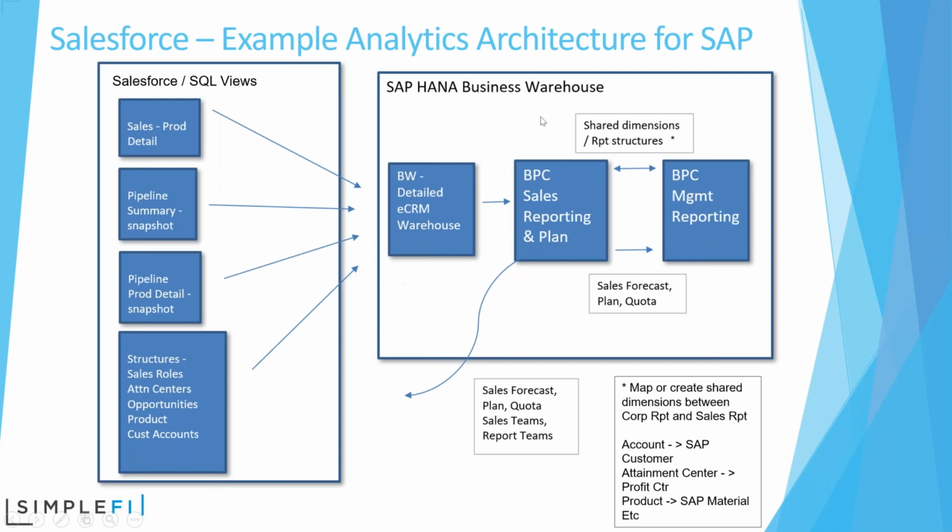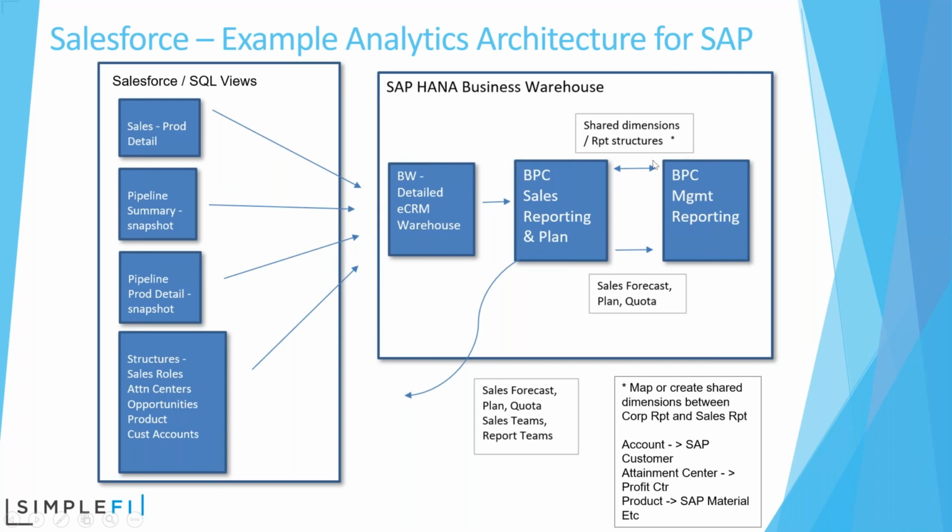We're pulling that all into our business warehouse or on Analytics Cloud. We can pull that directly into the Analytics Cloud platform. And then we have our very targeted model sitting on top of that detailed warehouse that is, again, really used for analytics and reporting and consumption and drag and drop reporting.